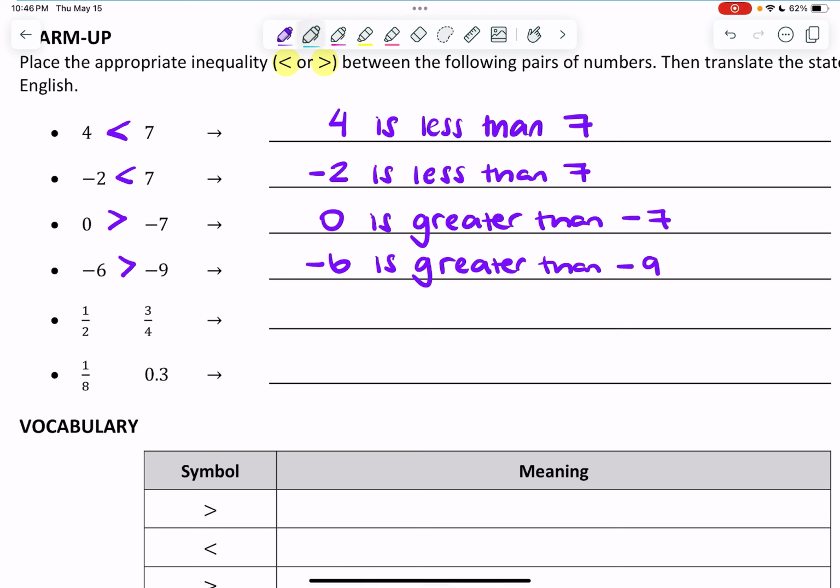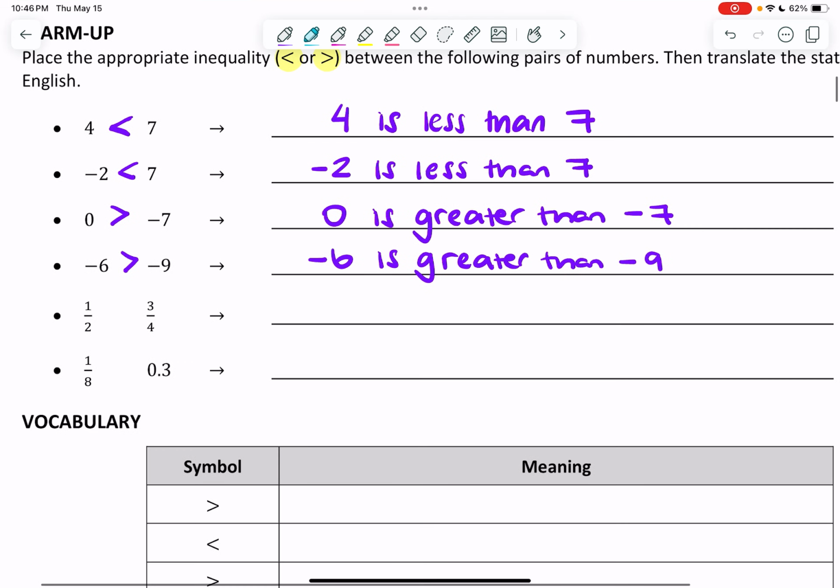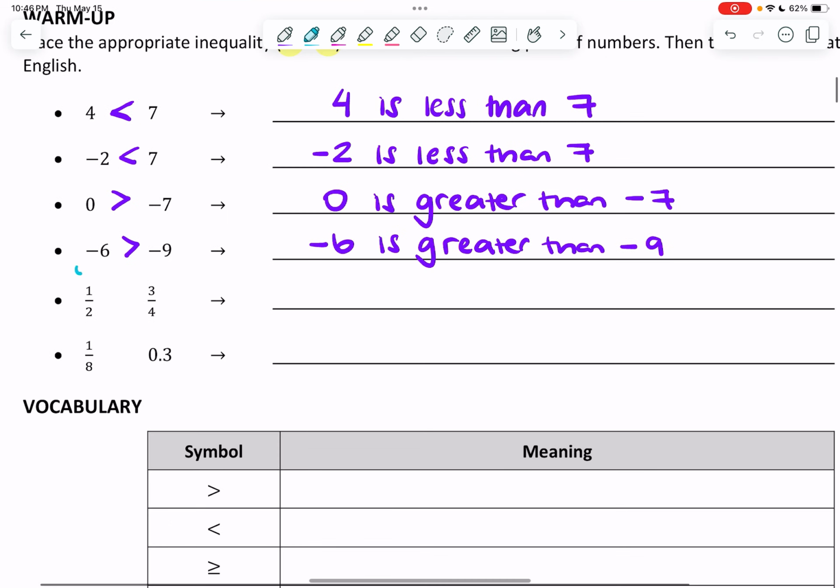And then I start looking at these fractions. Now, these fractions are ones purposely, intentionally chosen from ones that we should be fairly familiar with from Unit 1. But if you think, oh, we need to convert these to decimals, because maybe that's how your brain functions and it's easier for you that way, here are some conversions for you. 1/2 is the same as 0.5. 3/4 is the same as 0.75.